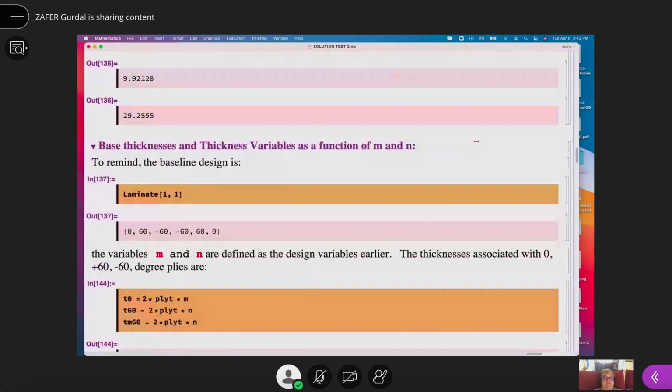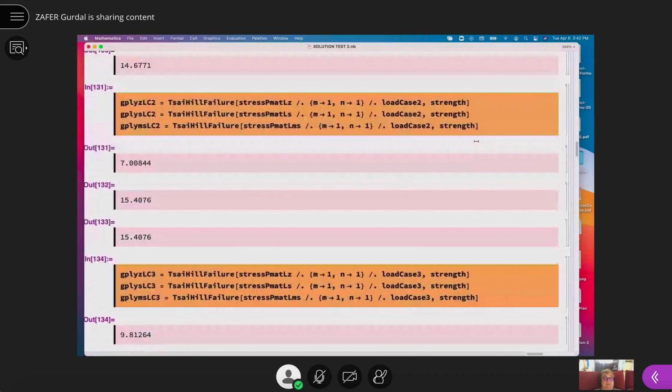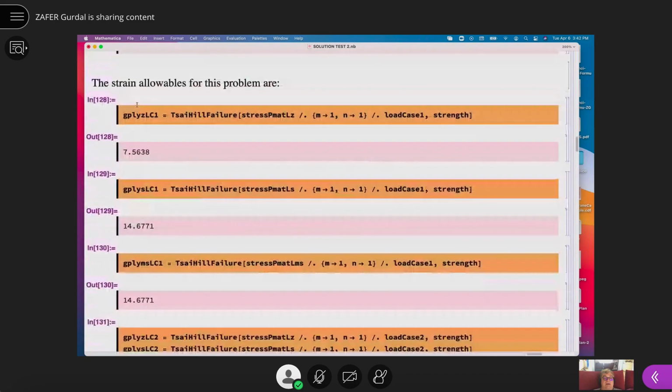All right. Where did we evaluate? Yeah. G ply Z under load case 1. I'm just going to do the load case 1. G ply of the 0 degree under load case 1.